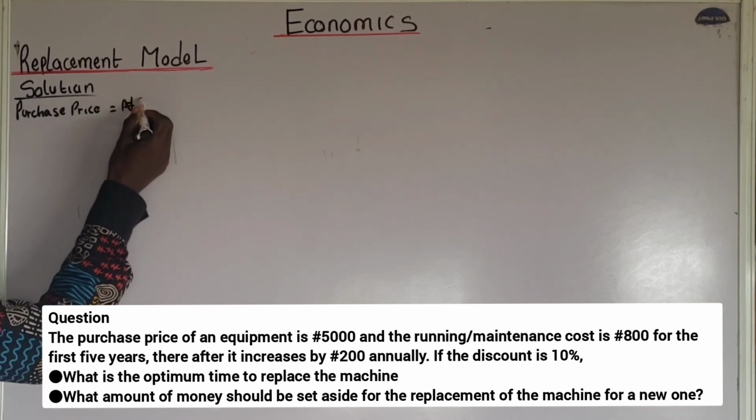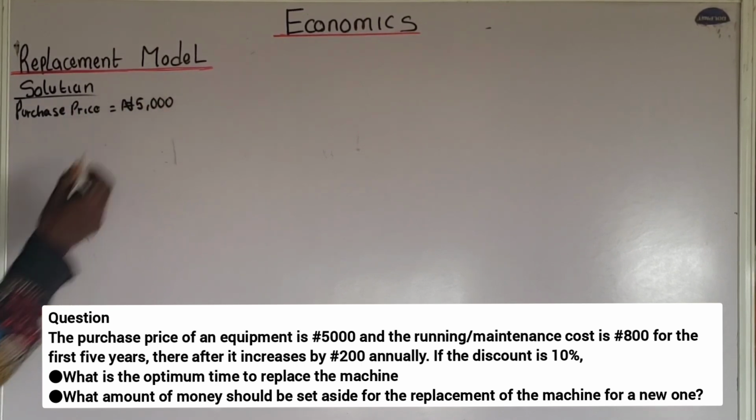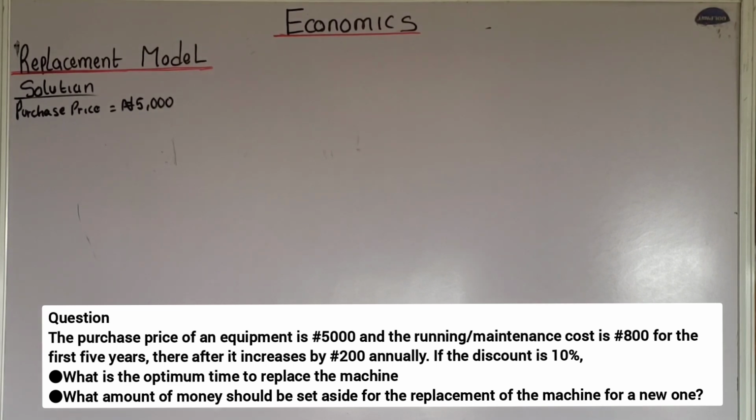We are given the running cost. The running cost is the maintenance cost. Maybe some part of the machine or capital goods or resources that you are using is not effective enough, maybe the tire, the oil, the engine. Those are running costs: the cost it takes to maintain the capital goods.